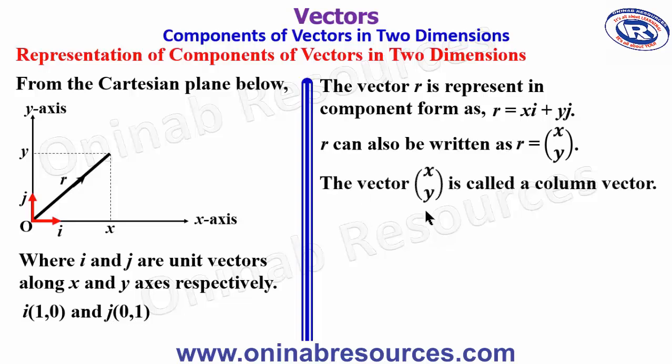The vector (x, y) is called a column vector. This is the representation of components of vectors in two dimensions, either in component form or as a column vector. So that is all for representation of components of vectors in two dimensions.